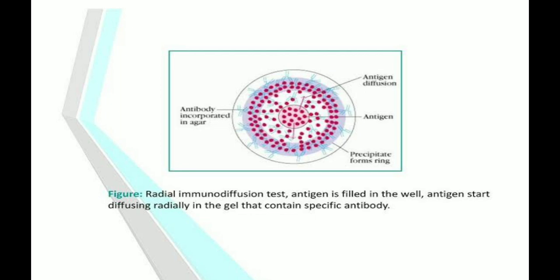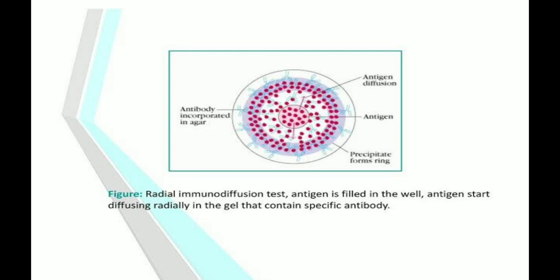Now this figure indicates a radial immunodiffusion. In this we cut a well inside. You can see here is a well, and in this well we put antigen, and the whole gel around this well is embedded with antibody. Now since it's a single diffusion, only antigen is moving.